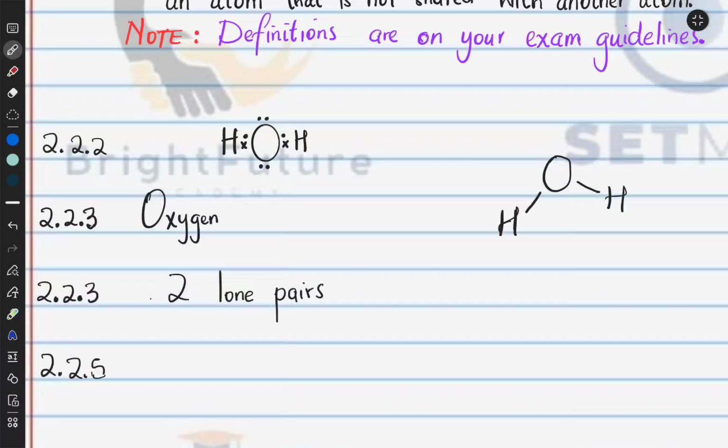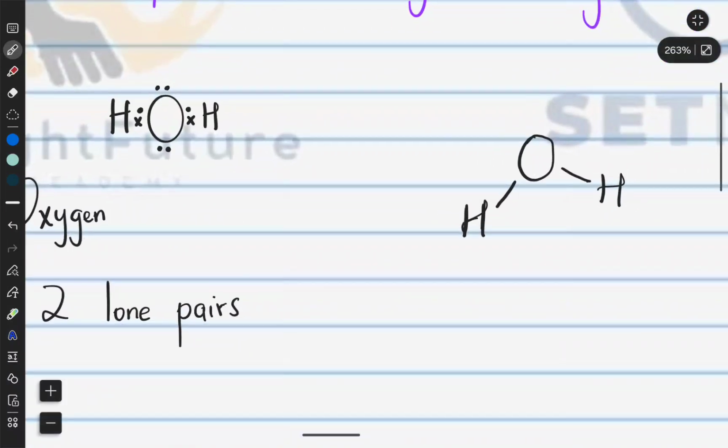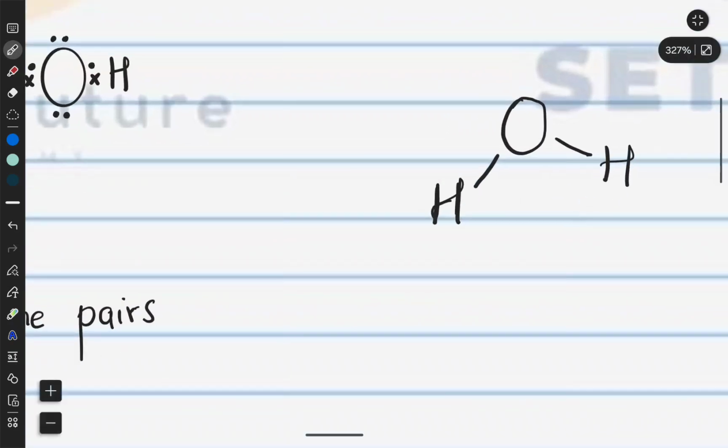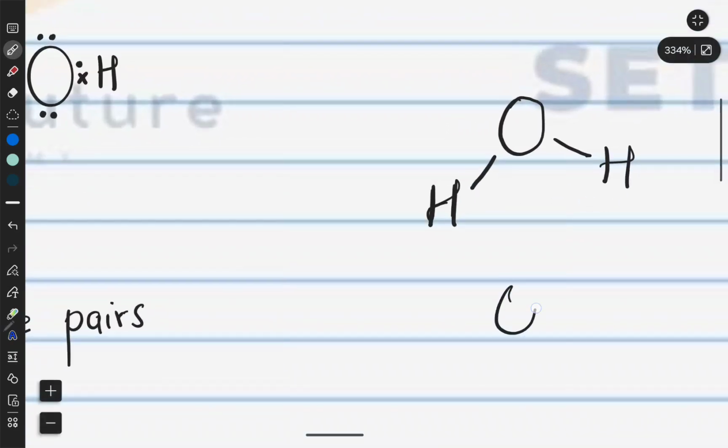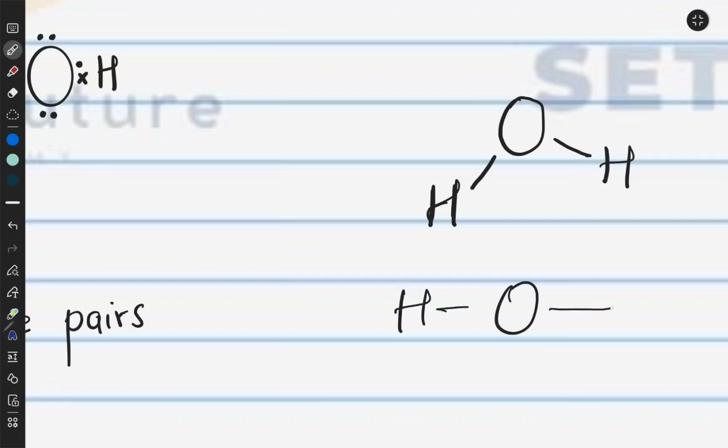Typically they either use bent or angular. What happens is the lone pairs repel the bonding atoms, right? So instead of the structure being like this, the lone pairs deform it by repelling these bonding atoms, and then they end up forming an angle instead of a straight line.